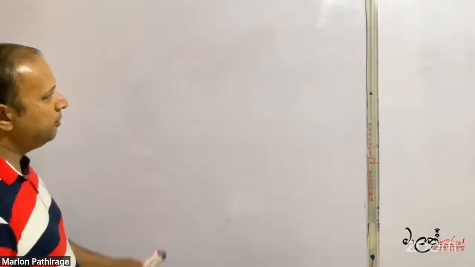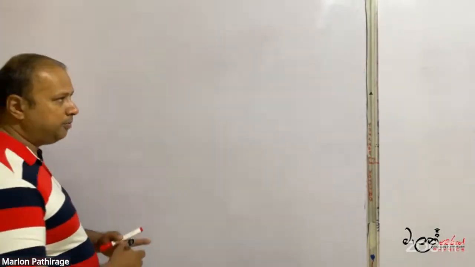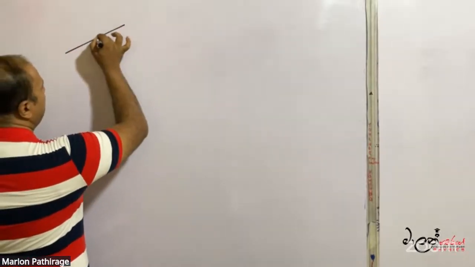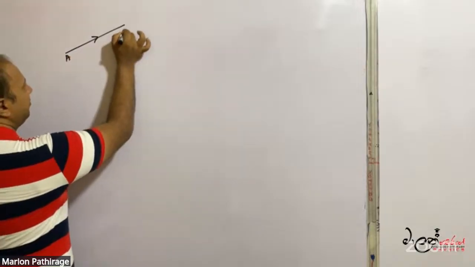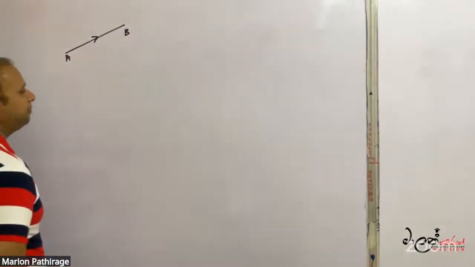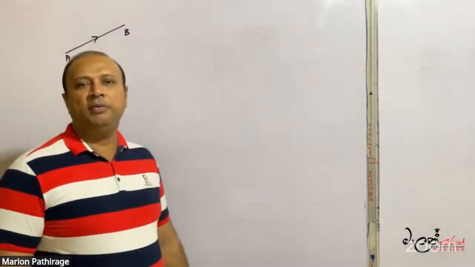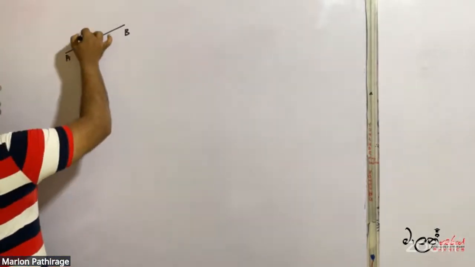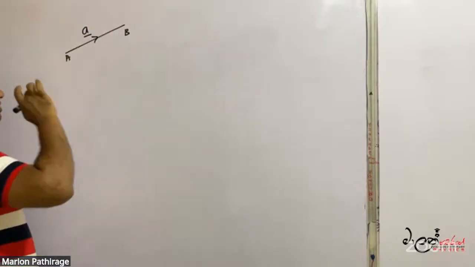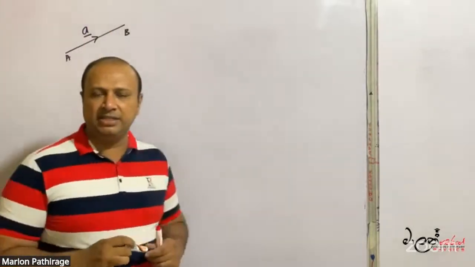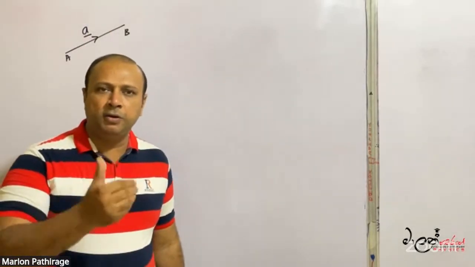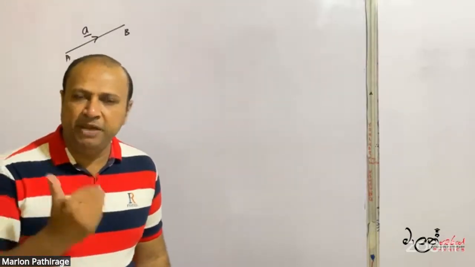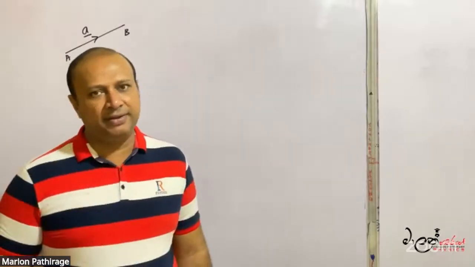Suppose now vectors are represented geometrically. If they are represented geometrically, a line segment can represent that vector. So in such cases, we can go to our basic principle. What is our basic principle? The basic principle is the principle of vector addition.